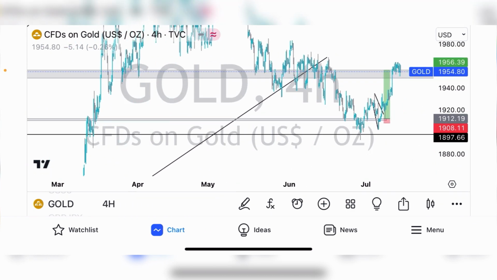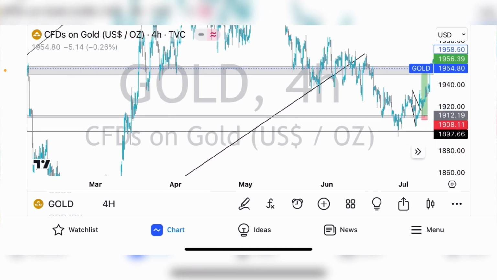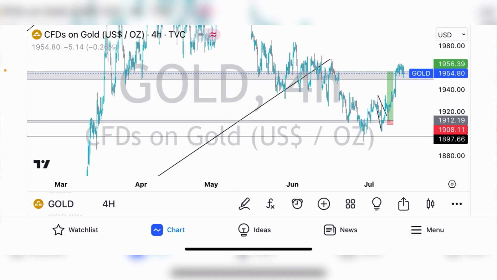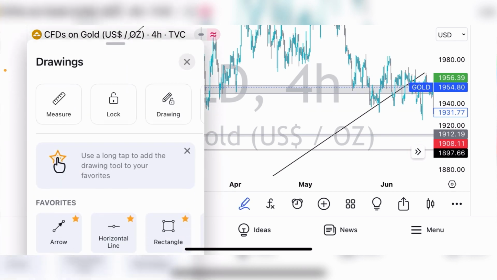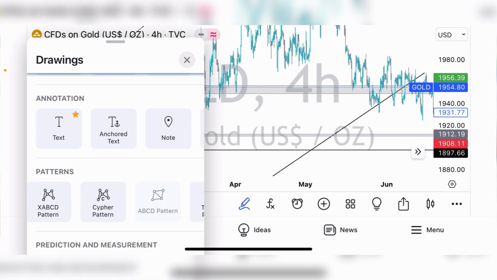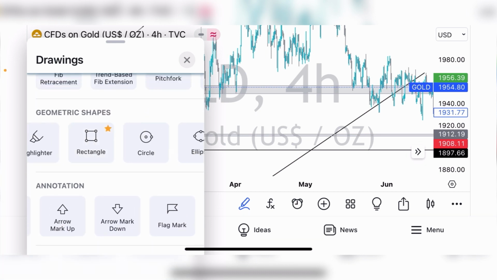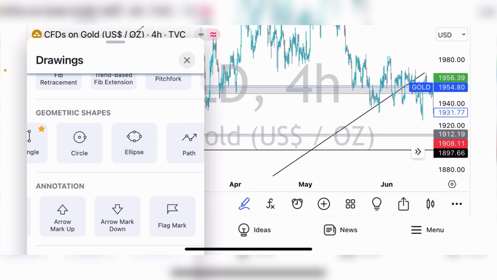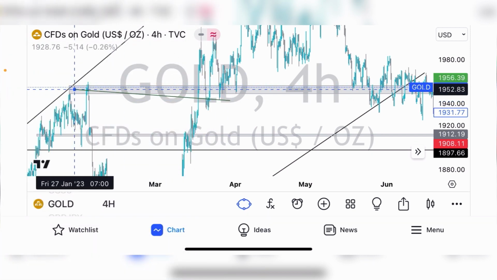It has been respected many times. Many times it was respected as a resistance zone, because if you look from the left, we have, I want to show you. We have one.